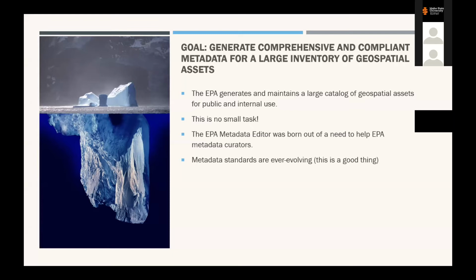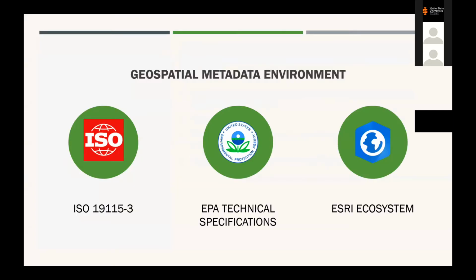The shape of that underlying content of the metadata is formed by the underlying metadata standard that we're using, which in the case of the EPA varies. We have an ever-evolving set of standards, some provided by the International Organization for Standardization, and you'll notice that doesn't line up with what I said actually, which is ISO.